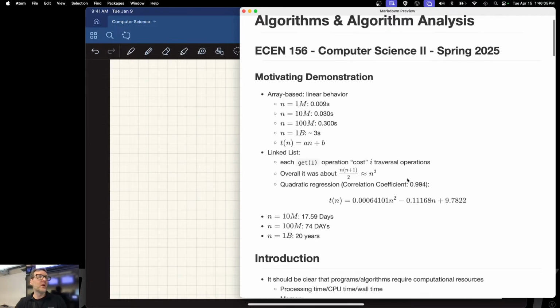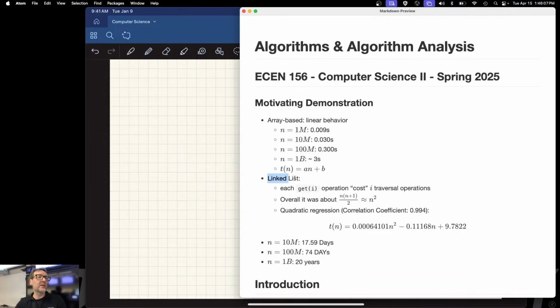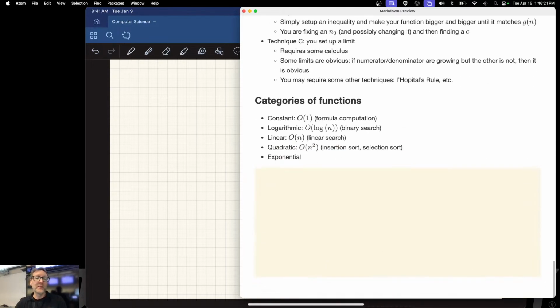If we go back and take a look at that linked list implementation where we naively use this get operation, it ends up being n squared. Consequently, for an input size of 1 billion, there's an estimate of taking 20 years. So naive linked list iteration is another example.